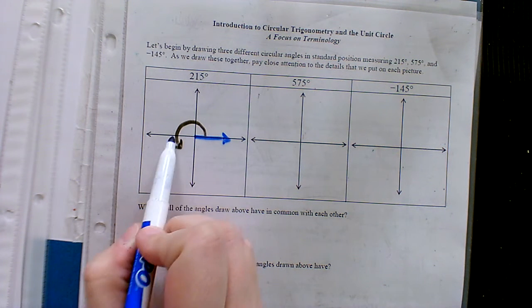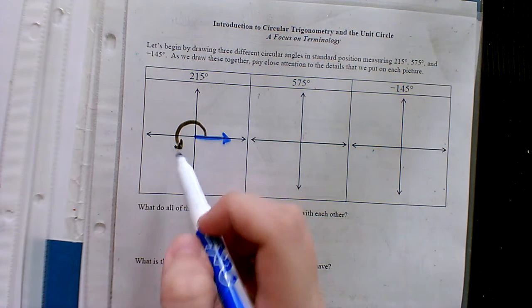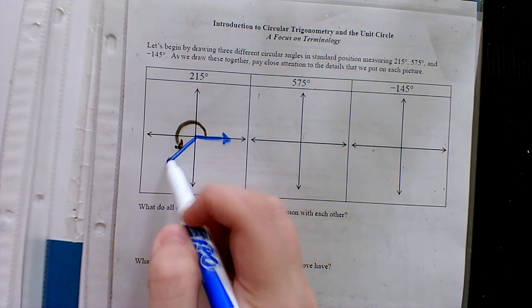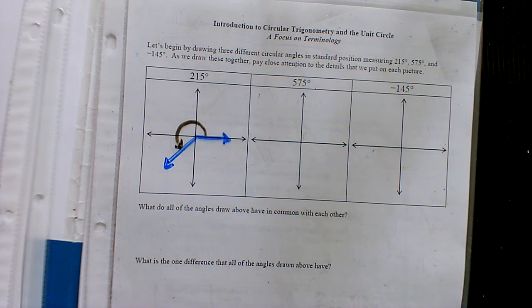So I got to go more than a half a circle of a rotation. And whenever my angle of rotation ends, I have that terminal side. So those blue lines in there are representing the angle, and then the angle of rotation is showing you the path and the direction of that angle.